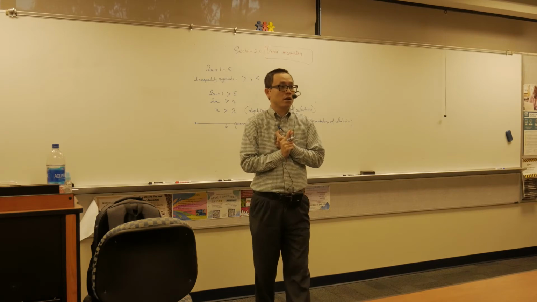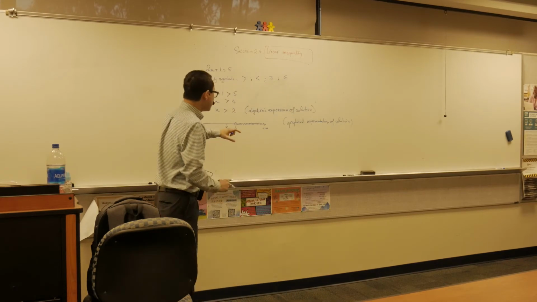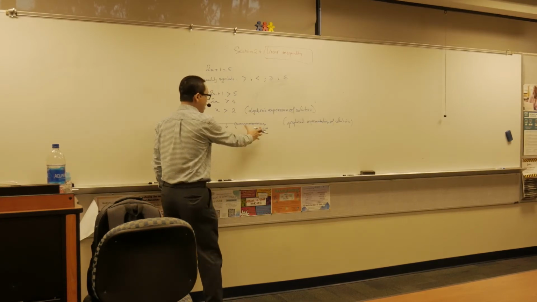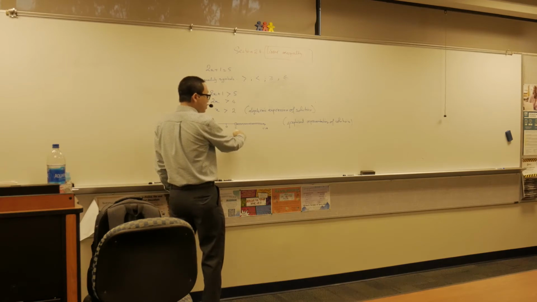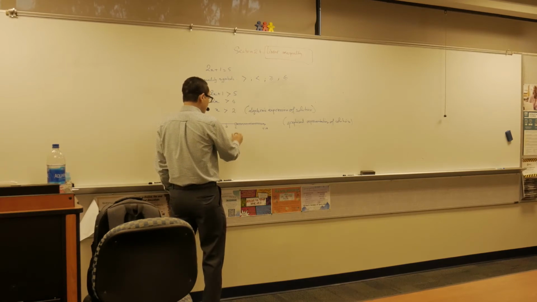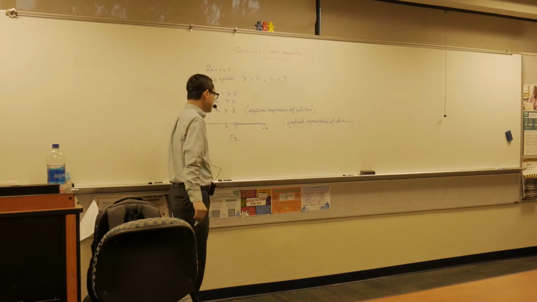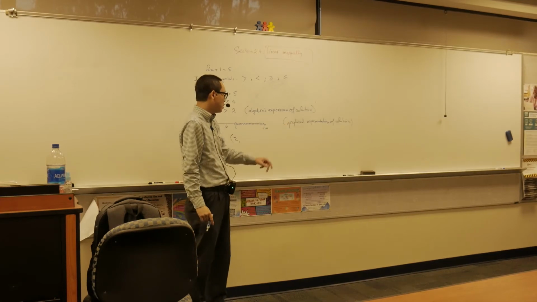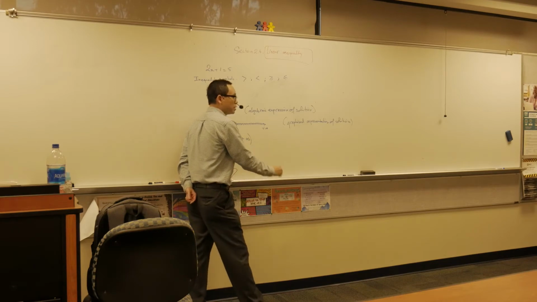Parentheses mean not included. Brackets mean included. Based on the graph, I can write the interval notation. Whatever you shade, you take. Over here we don't want to include 2, so we put parenthesis 2, comma, and we take everything to the right of 2, going to positive infinity, parenthesis.